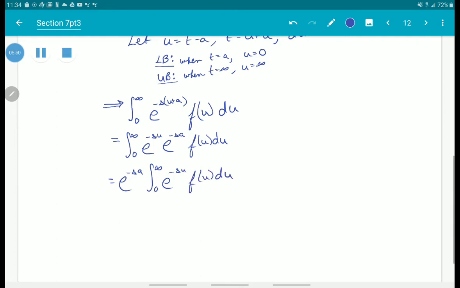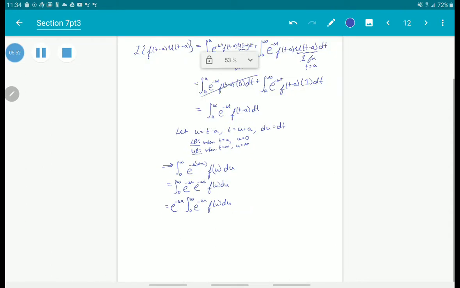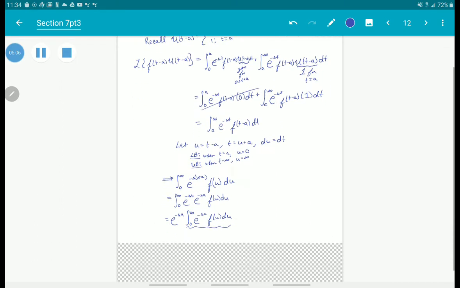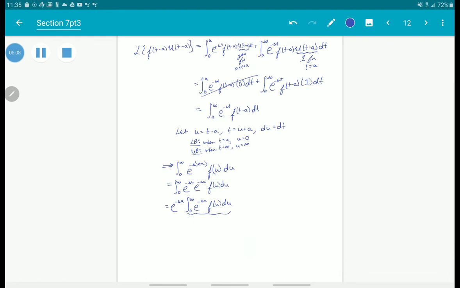So if we look at this guy, let's go back to that definition of the Laplace up here. It's from 0 to infinity, e to the negative st, f of t dt. So if we use a different variable like u, this is still going to be the Laplace. So it's the Laplace of our f of u.